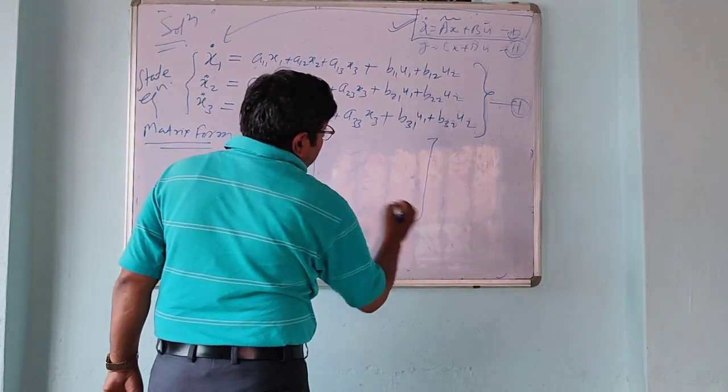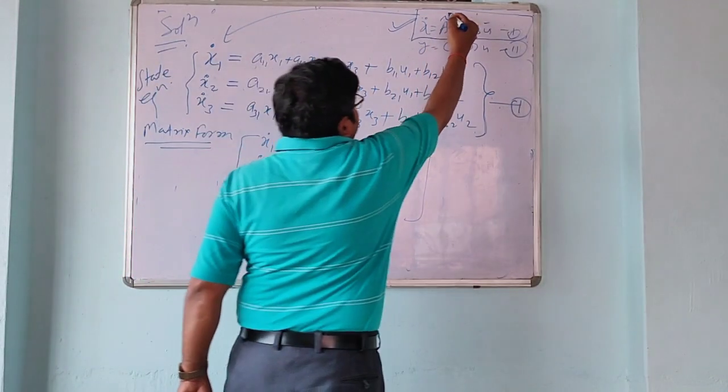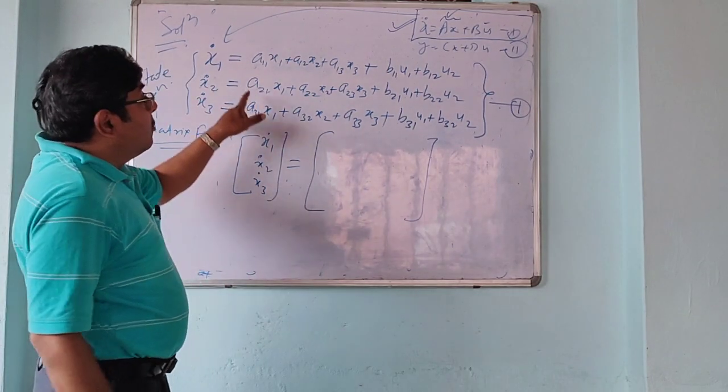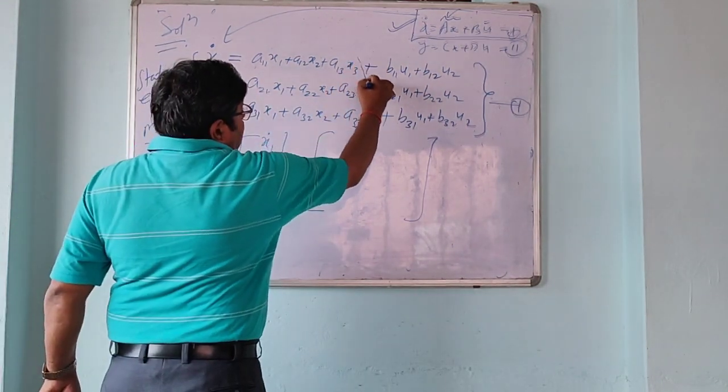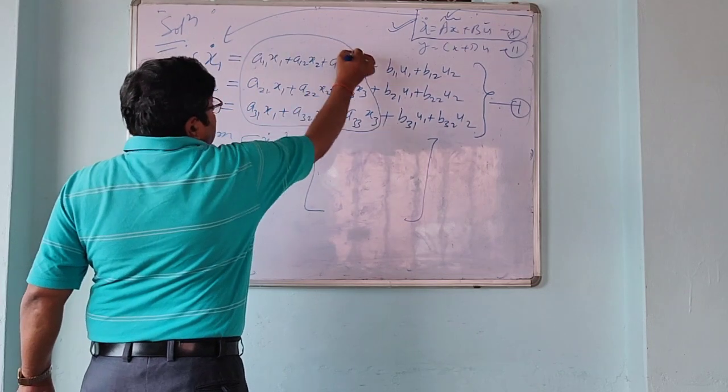Here the system matrix A is formed by these three parts.